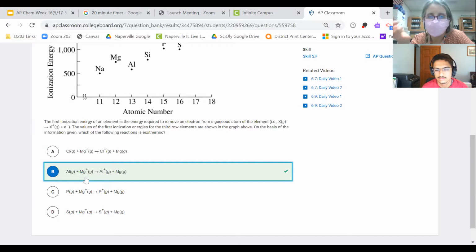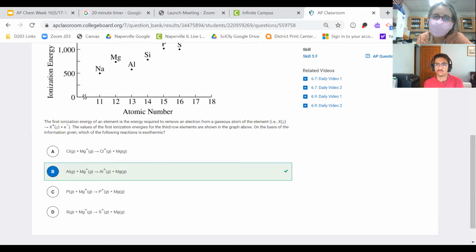If you look at the correct answer, magnesium plus to magnesium gas is going to be a much higher number than aluminum going to aluminum plus.